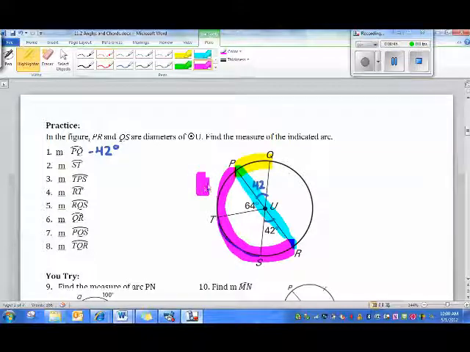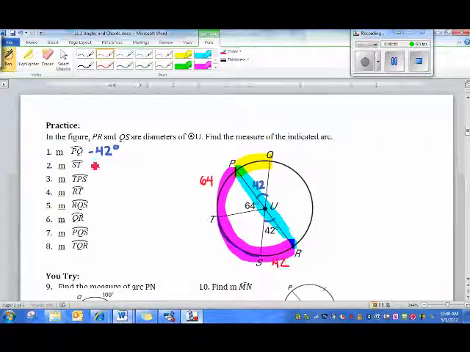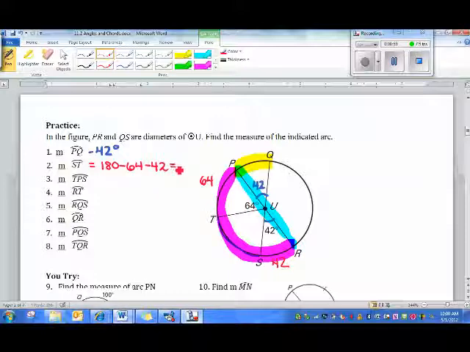This arc here is 64 degrees, and arc SR is 42. So to get arc ST, I can do 180 minus 64, and the other arc that I used up, which was 42 degrees. So the measure of arc ST has to be 74 degrees.